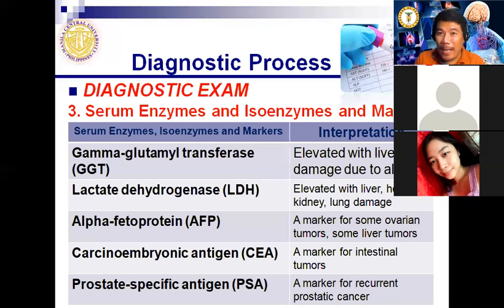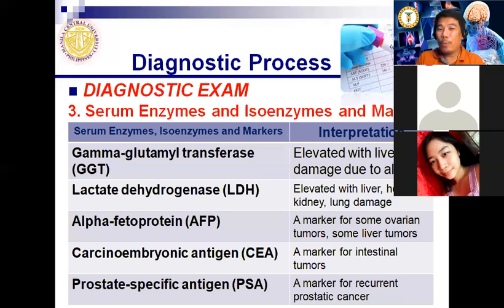It may be benign or malignant. Tumors are not always cancerous. It must be further tested. So tumors could be benign or malignant. However, for ovarian tumors, it could be done by AFP and for liver tumors. For intestinal tumors, it could be the carcinoembryonic antigen or CEA.